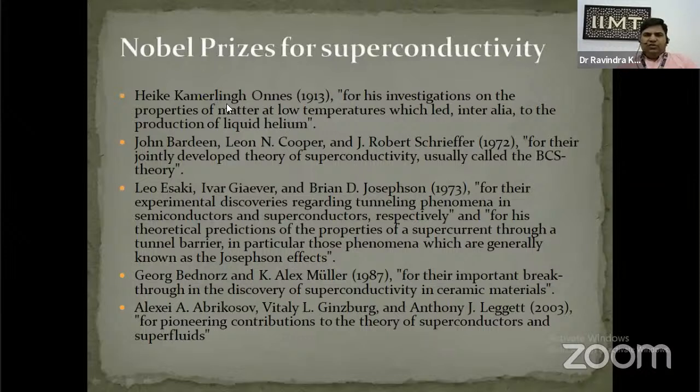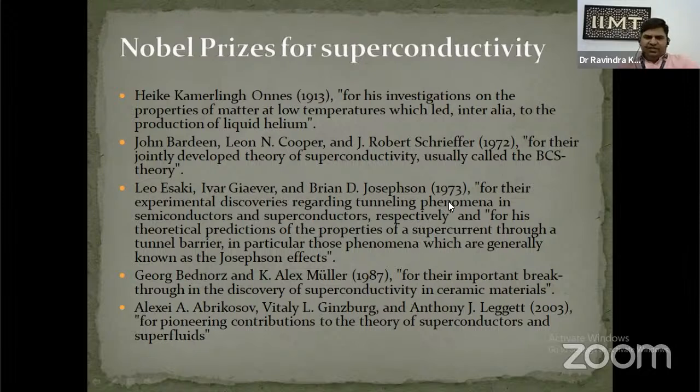In the case of superconducting materials, people have received the Nobel Prize five times for superconductivity. The first was received by H.K. Onnes in 1913. Then John Bardeen, Cooper, and Schrieffer got the Nobel Prize in 1972 for the BCS theory.